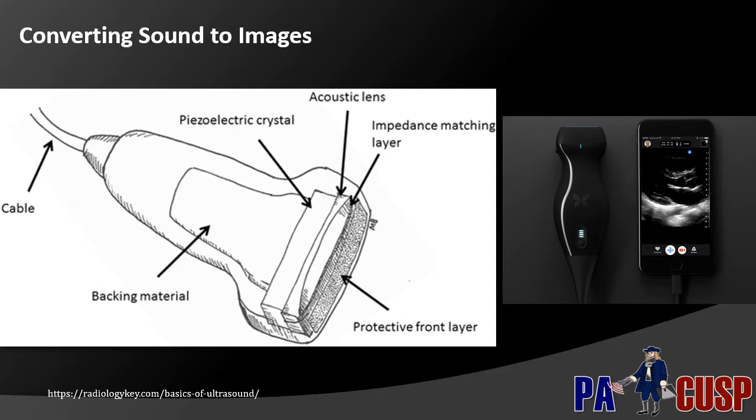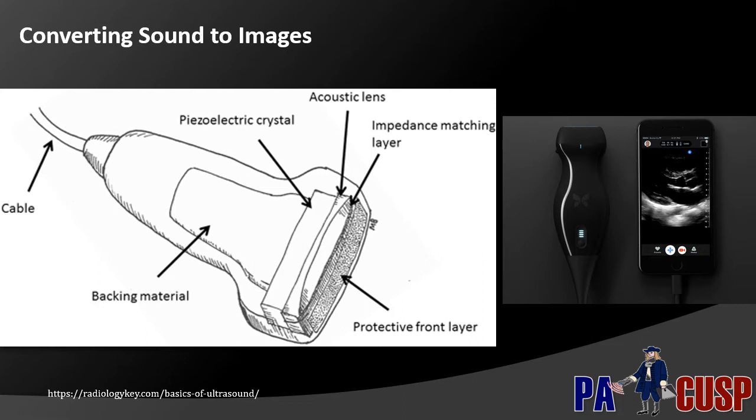So how do you go about converting sound into images? Traditionally, the key has been related to something called the piezoelectric elements, or piezoelectric crystal. This is a crystal with specific properties that can convert electrical energy into acoustic energy and vice versa. As electrical voltage is applied across the piezoelectric crystal, the crystal produces sound waves through a series of expansions and contractions.